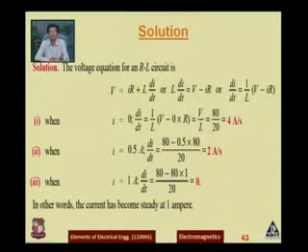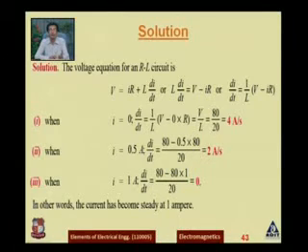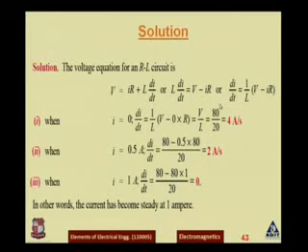The voltage equation for the RL circuit, as we know, is V is equal to IR plus L di by dt. Putting IR on the other side, L di by dt is equal to V minus IR, or di by dt is equal to 1 upon L in bracket V minus IR.